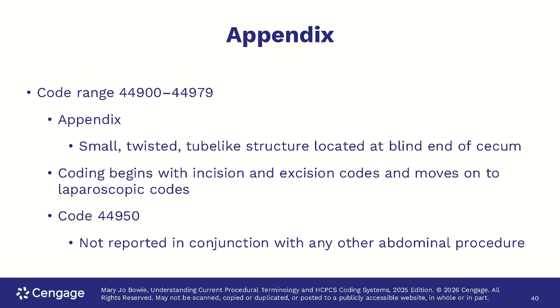So the appendix does not serve any known purpose in the digestive system. Coding for this area begins with incision and excision codes and then moves right on to laparoscopic. And there is an open laparoscopy code 44950.